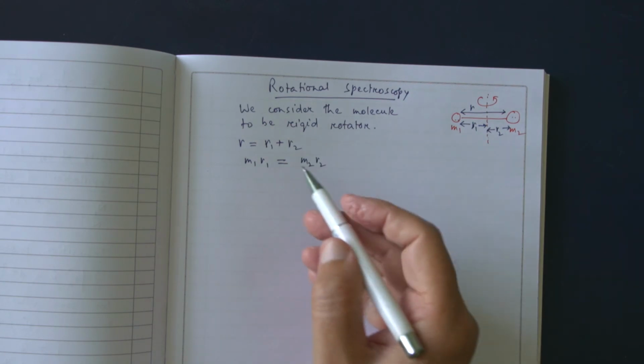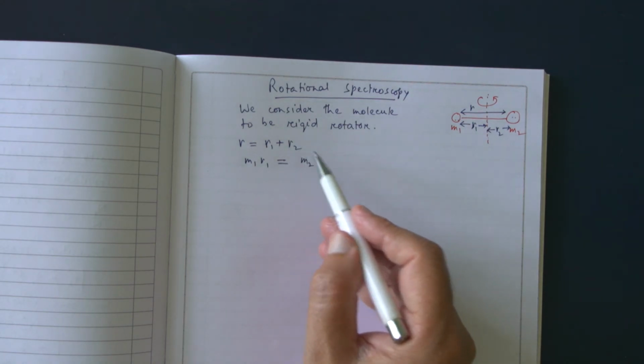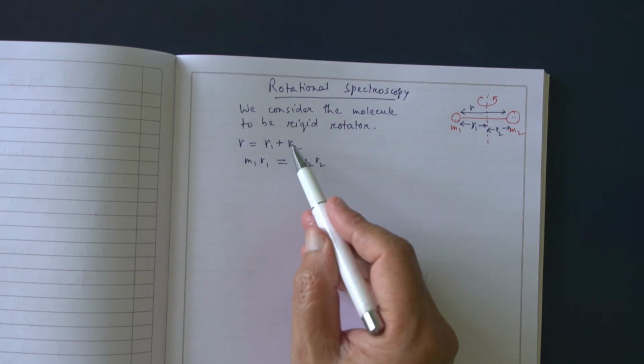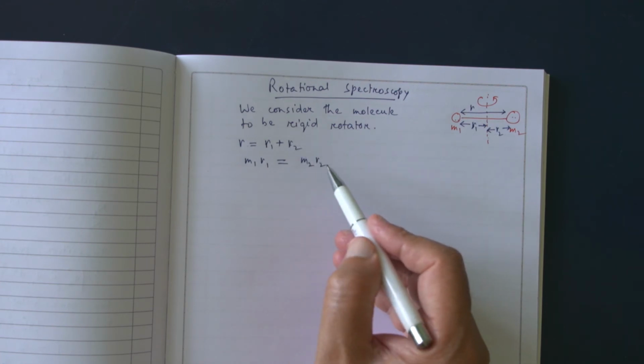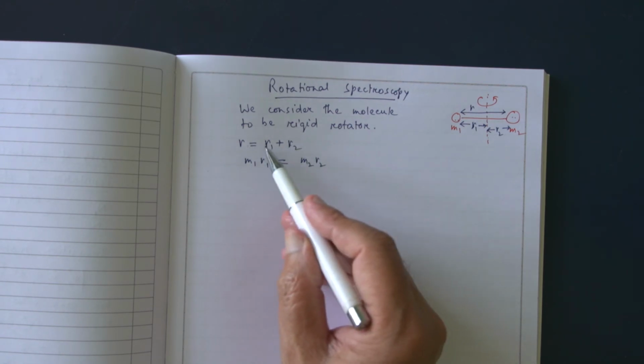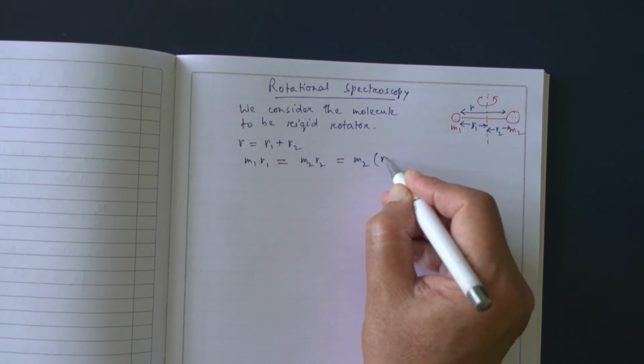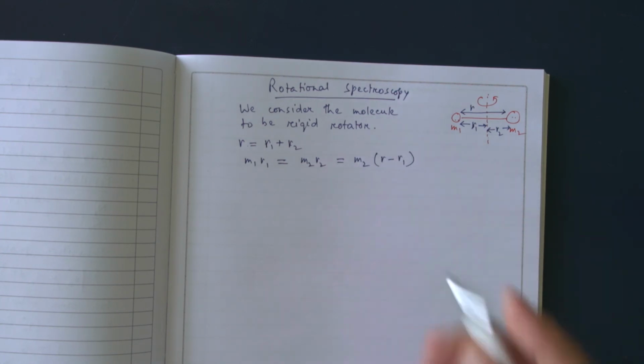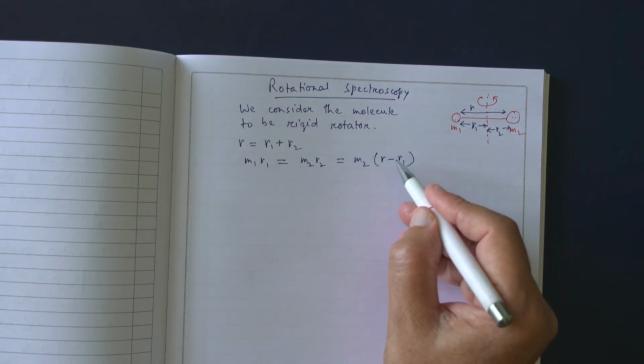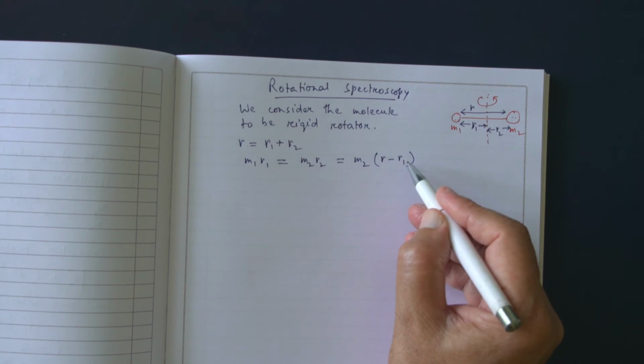So from this equation, in place of R2 I can write R minus R1. What I am going to do is find an expression for R1.